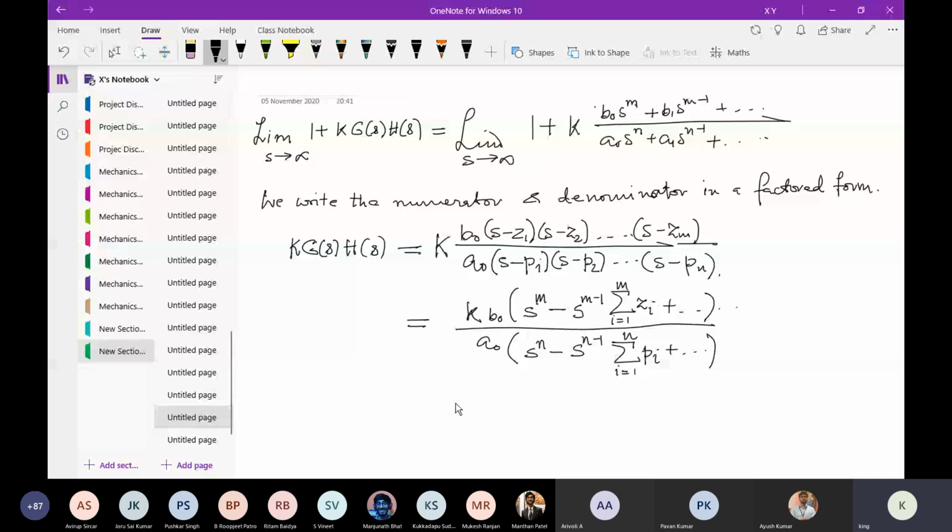Now I will be doing some manipulations. But first, as s tends to infinity, two terms.